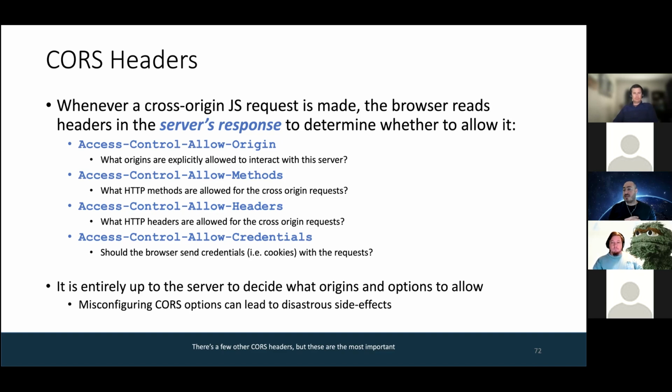This is all decided by the server. The browser will comply with whatever the server tells it to. That's why misconfiguring any of these headers can be disastrous. Specifically, that top one, access control allow origin, is the biggest culprit, because this tends to break people's code when they're working with multiple domains.